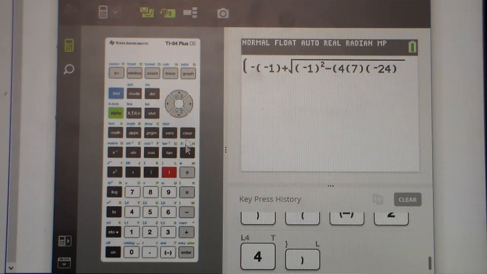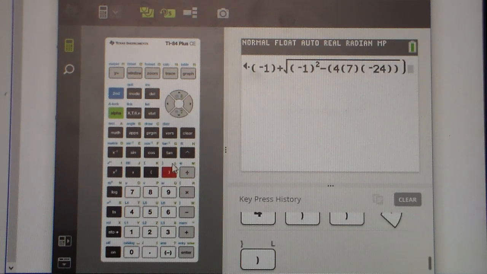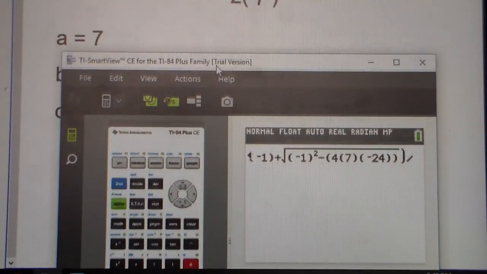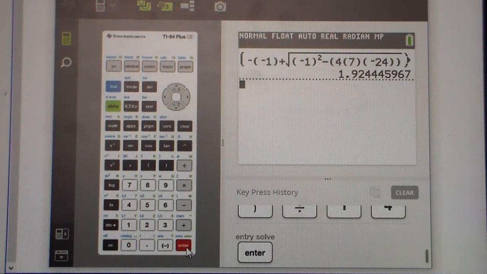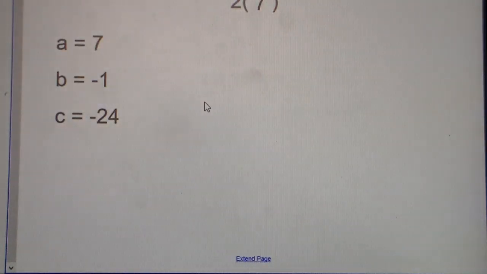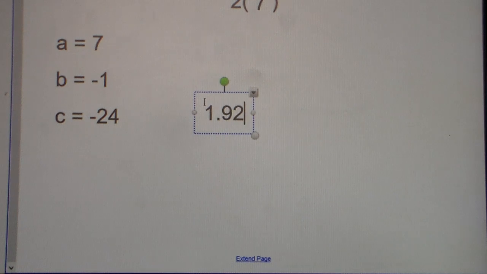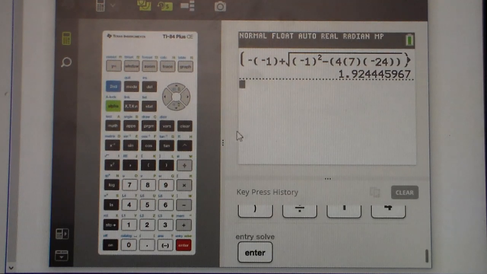Close up and go outside the square root, I close that up, I do divided by 14. And we get an answer of 1.924. So 1.924.